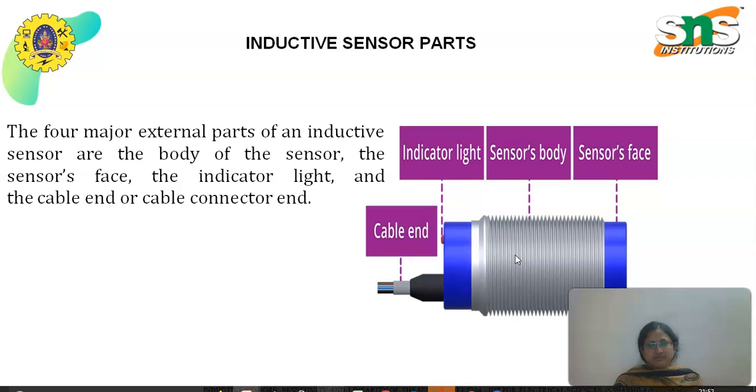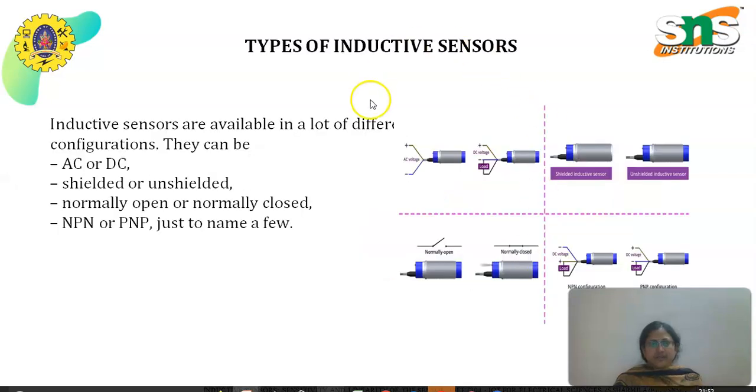Based on configurations, the types of inductive sensors are divided into AC or DC inductive sensors, shielded or unshielded inductive sensors, and normally open or normally closed inductive sensors. Based on the transistors, they are classified into NPN or PNP inductive sensors.